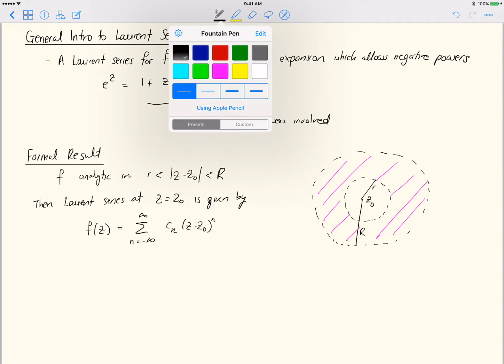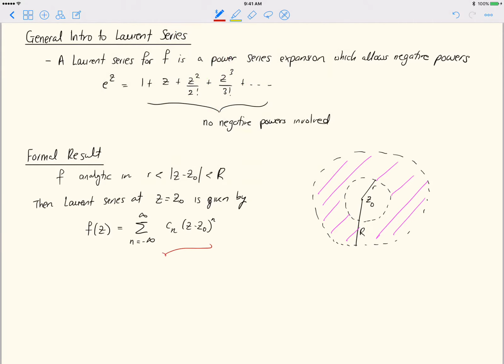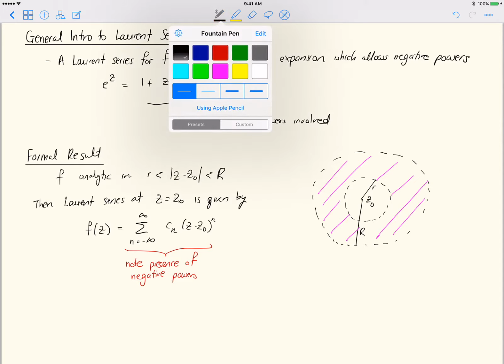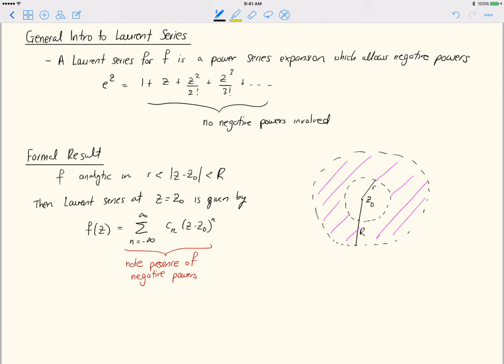And note the presence of negative powers. So that's pretty much all it is. It's just an extension of the Taylor series. It's when you have a power series expansion, but you can include negative powers as well.